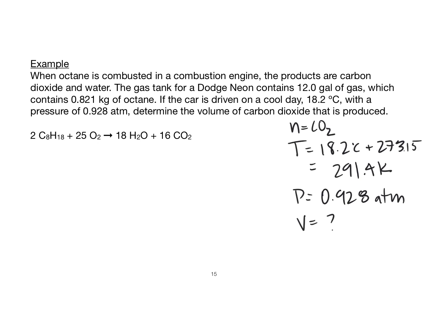Now, you might think, we know it's 12 gallons of gas, but that's the volume of the gas tank. We're asking about the volume of CO2 that is produced. So let's figure out the moles of CO2 by converting the grams of octane into moles of carbon dioxide.